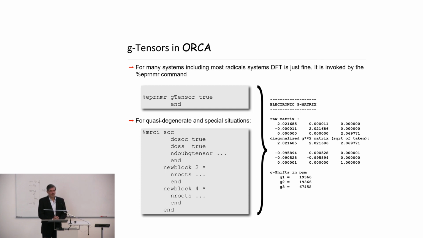Now, most EPR simulation programs express this in terms of three Euler angles, and that is also a very nasty subject. But ORCA has a little module that prints these Euler angles for you, and don't take them as carved in stone, but these are great Euler angle values to start your simulations from.